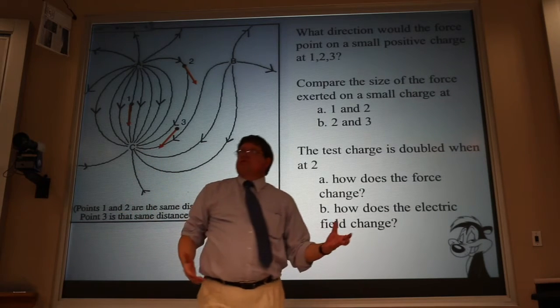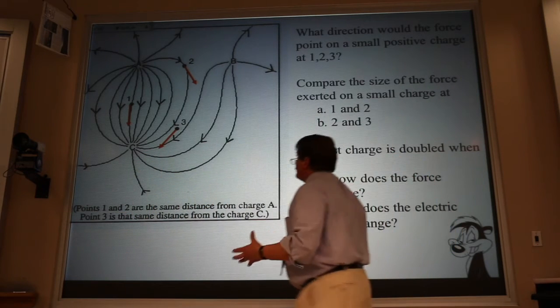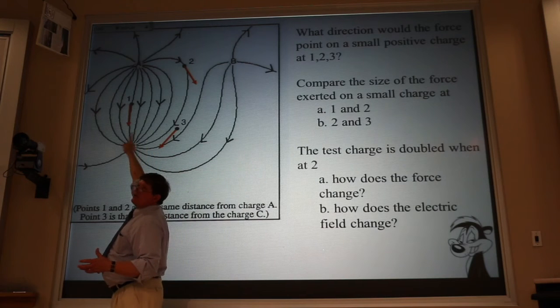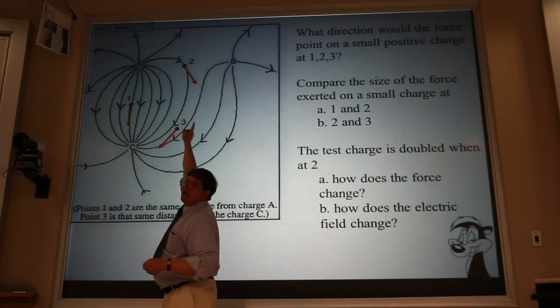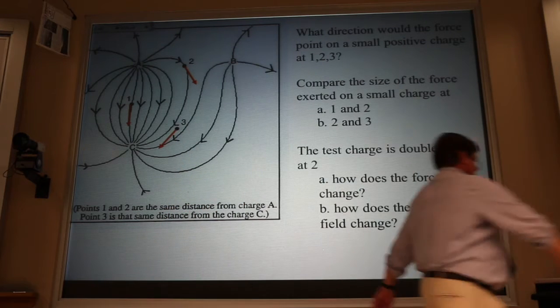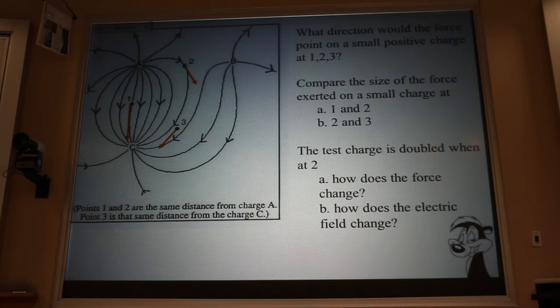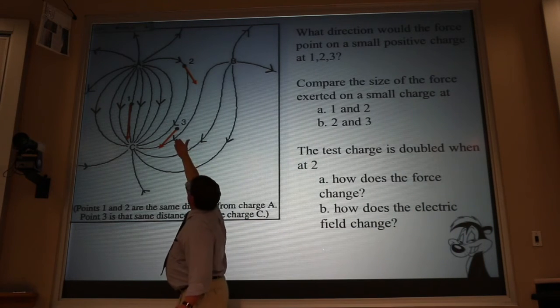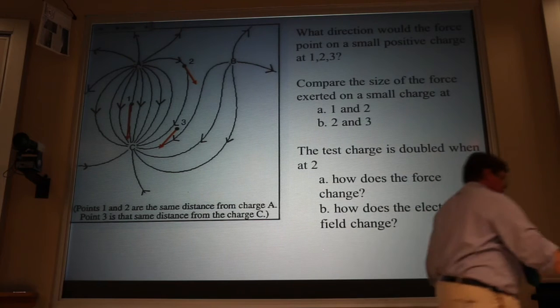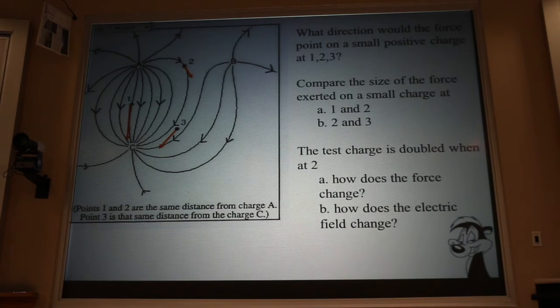They get all confused. All they have to do is say, field lines close together, stinky. Field lines far apart, not stinky. And so the force would be bigger at 1. If I compare 2 and 3, they're closer together at 3, and so 2 would be the weakest.